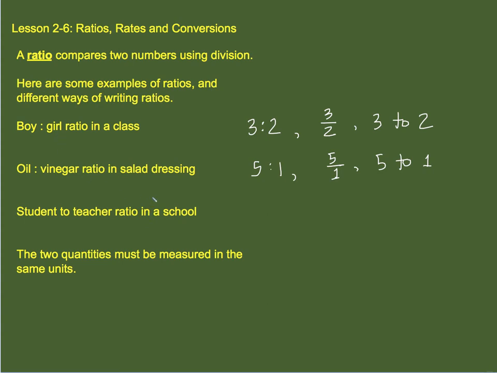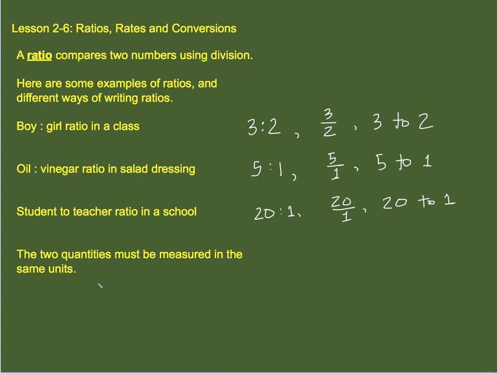If we talked about the student to teacher ratio in a school, it might be 20 to 1, or we can simply write 20:1.